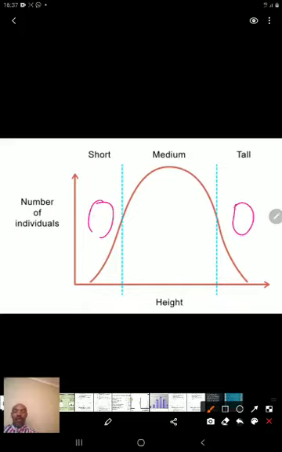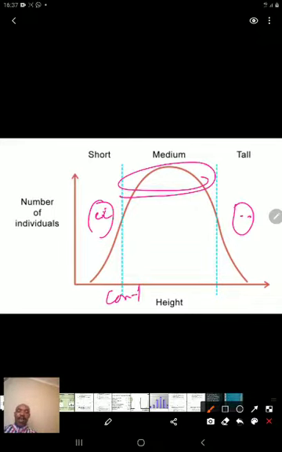So this is one extreme, extremely short, and then this is extremely tall, and then the rest are in the medium or average. So this is continuous variation because it can make this bell shape. So it's not a question of males and females like in a discontinuous variation. I hope you understand.